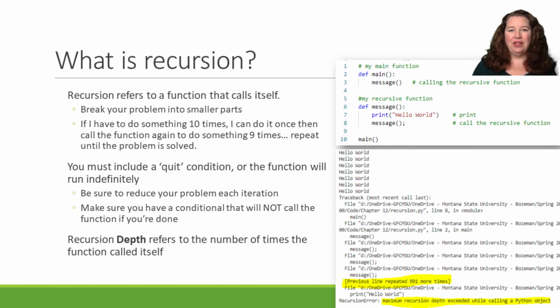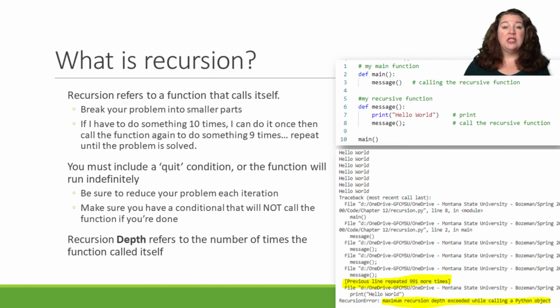So on the example I've given you here, it says previous line was repeated 991 times and we hit the maximum recursion depth. Recursion depth in Python, actually recursion depth in general, refers to how many times you've called yourself. If you call yourself indefinitely, you will crash your computer because you'll just keep going. You'll use up all the memory and it'll just die.